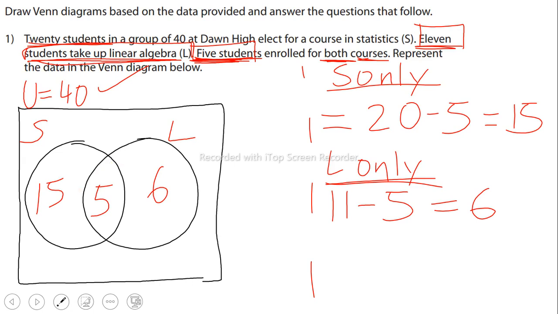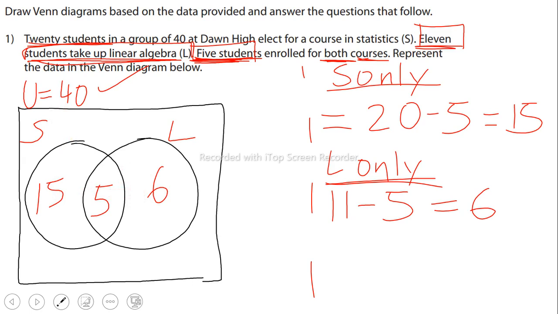So that means that there are some students who didn't take statistics or linear algebra. So some people are not included inside these two sets. We know that because in the entire class there's 40, but in the persons who either took statistics or linear algebra, there's only 26.